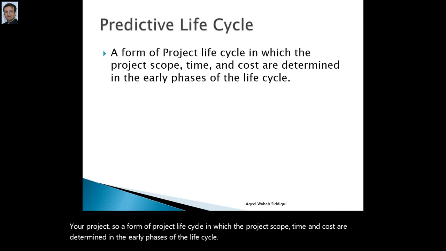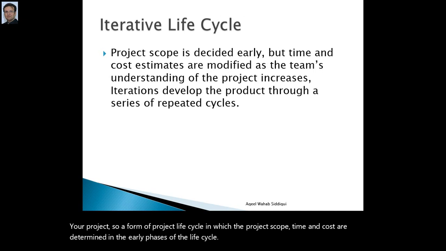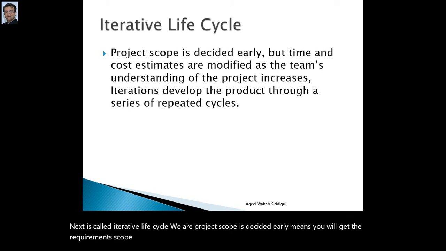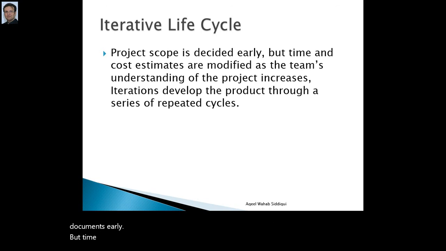Next is called the iterative life cycle, where project scope is decided early, meaning you will gather requirements, scope statement, and work breakdown structure. You will work on these documents early, but time and cost estimates are modified as the team's understanding of the project increases.